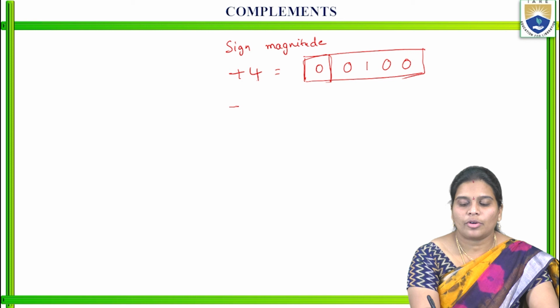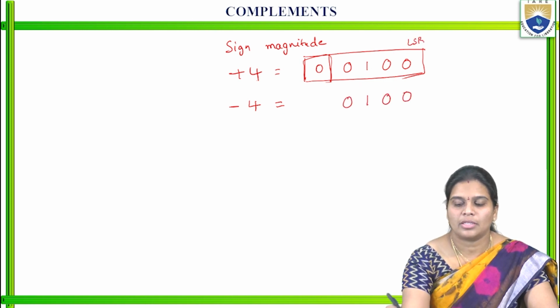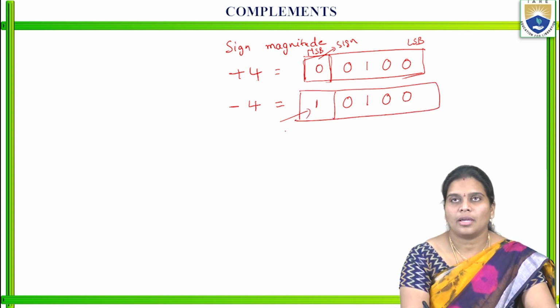Now I want to write the minus 4 value. So this value is 0 1 0 0. This is the LSB bit, this is the MSB bit. Here it will be represented in the sign also. So in this minus 1 is there. So this is the negative sign.